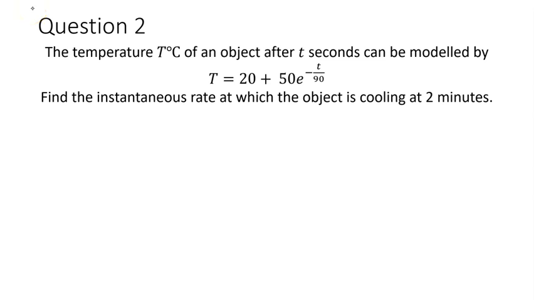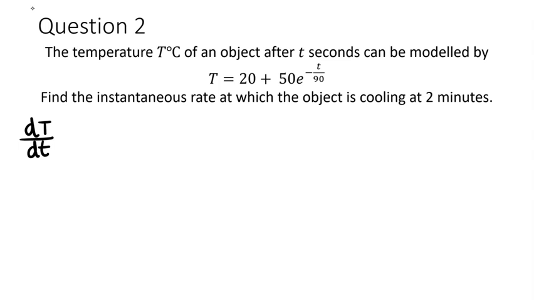So what that means is I need to find dT by dt. I have seen in questions they have actually been picky about the notation when you do this. So don't just do dy by dx. Do make sure that you are using, not just for exams, the correct variables here.